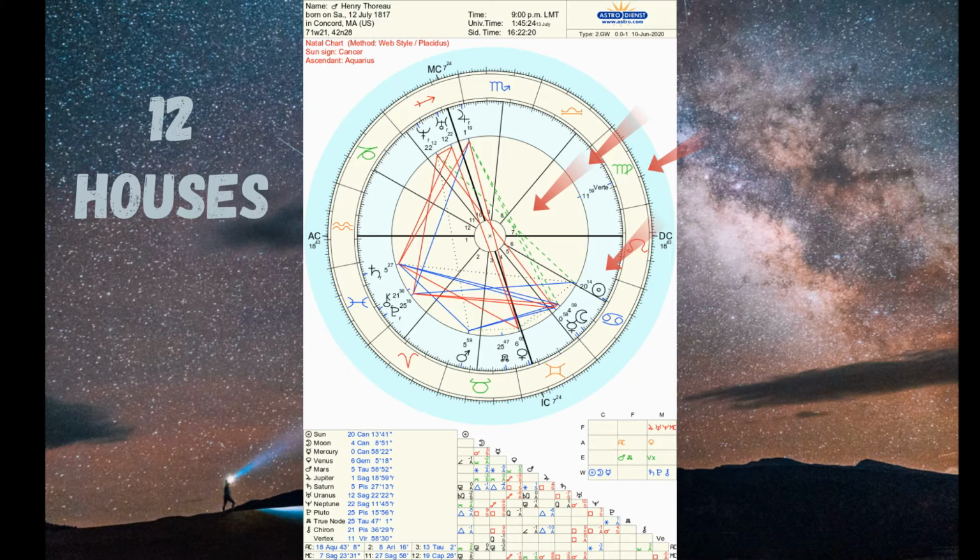Those rotate differently. They don't rotate together. You've got one sliding wheel and another sliding wheel that rotate separately. That's something that we'll be talking more about, and how that plays a part in your chart.